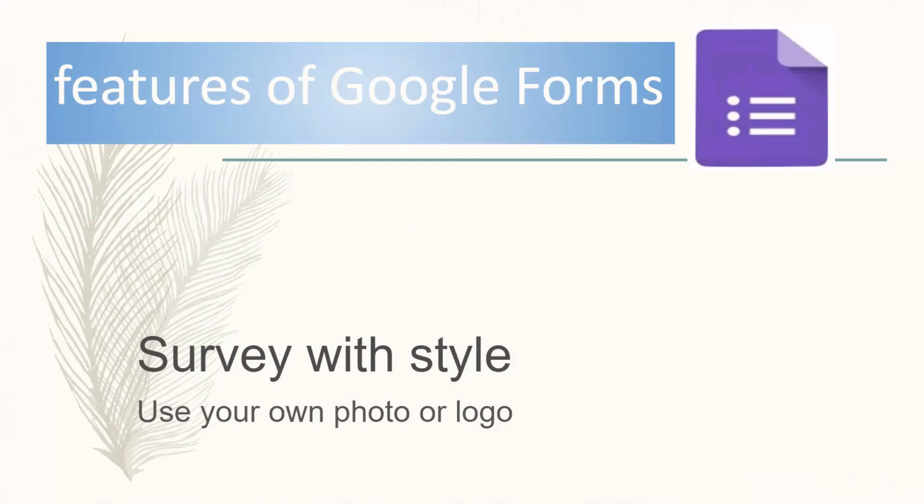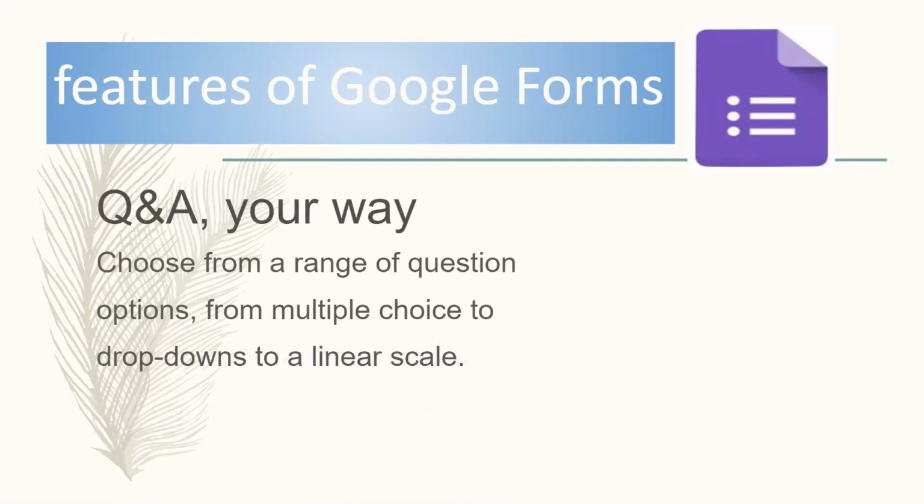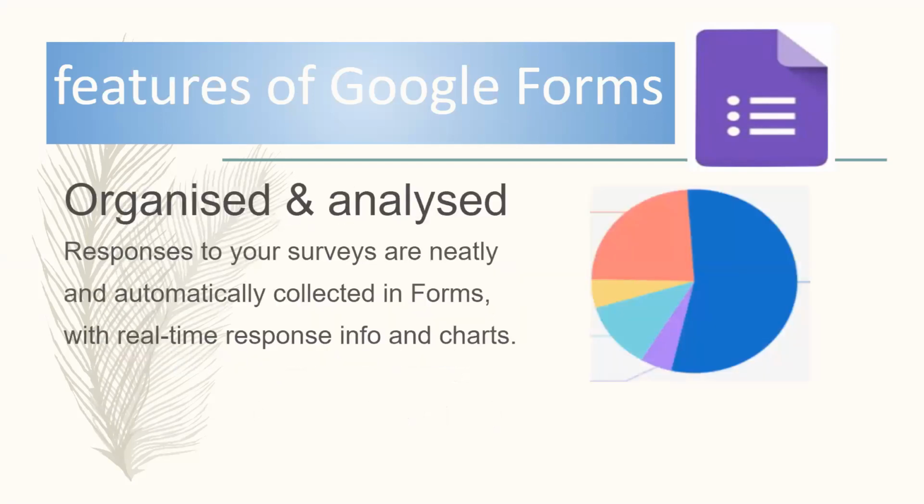The other thing is questions and answers, which we are going to focus on, especially since we are in educational activity. The main focus will be on questions and answers with a range of questions: multiple choice, drop down, linear scales, and attachments too. We'll try to see some parts.